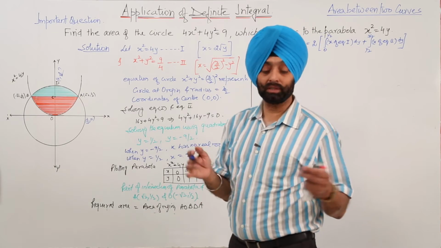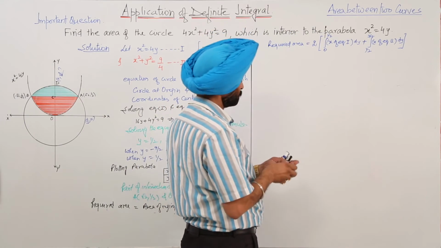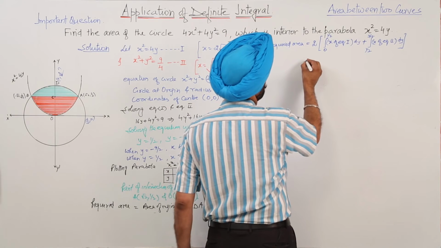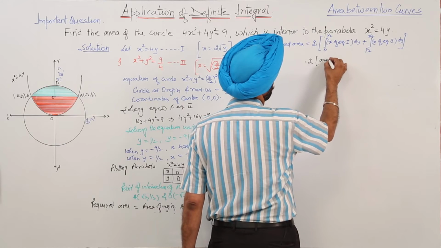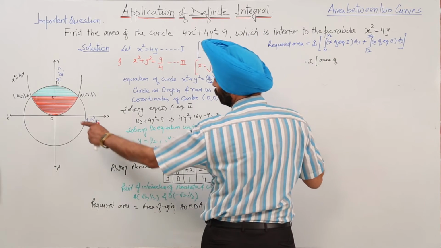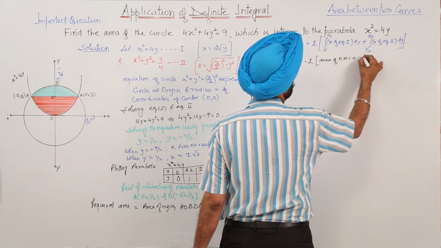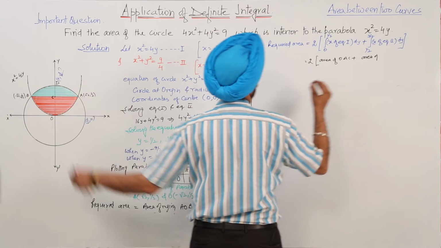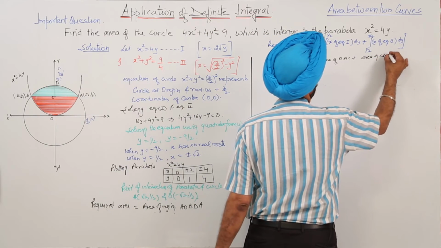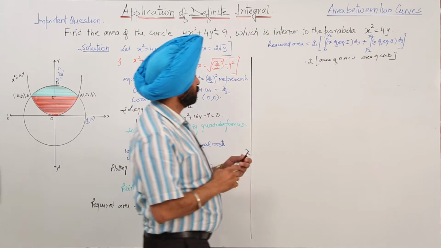Okay. Now what this is? This is equal to twice of area of OAC plus area of CAD. Is it clear?